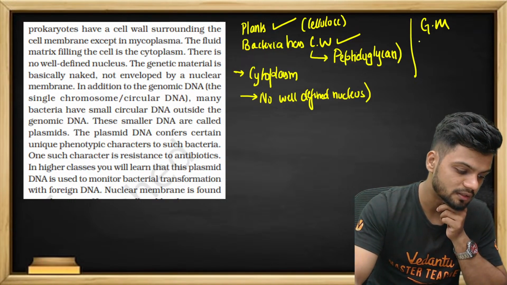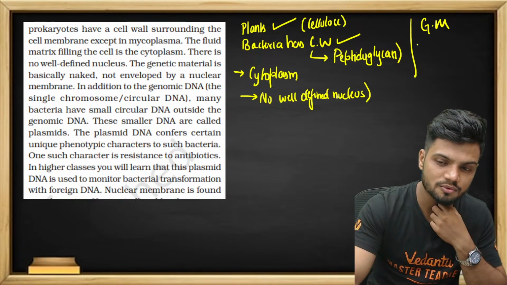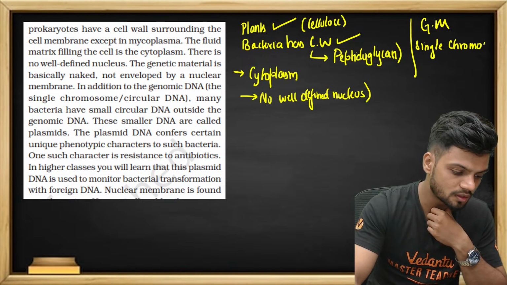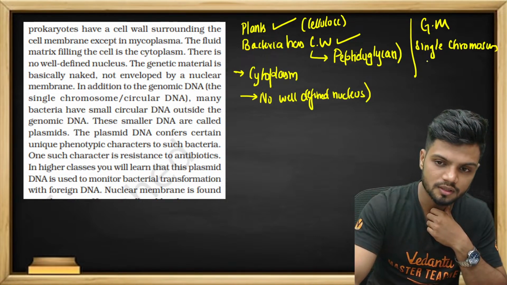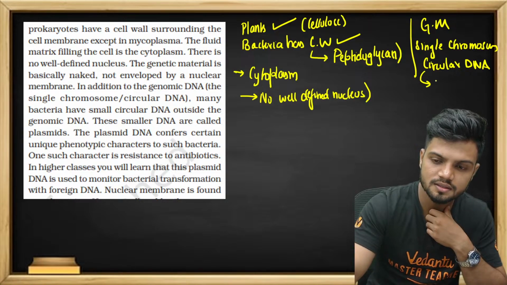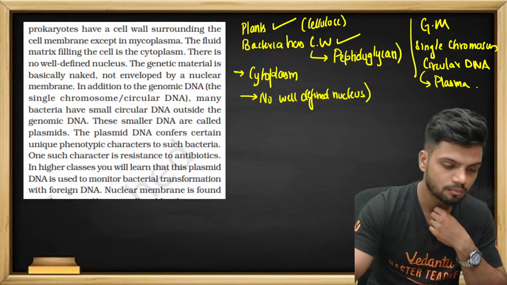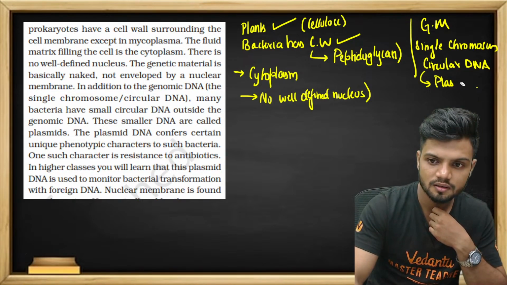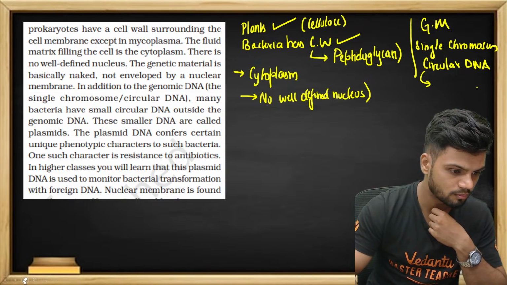Yes, they have genetic material. They have a single chromosome that is mostly circular in nature, circular DNA. Extra-chromosomal DNA they have is called plasmid.